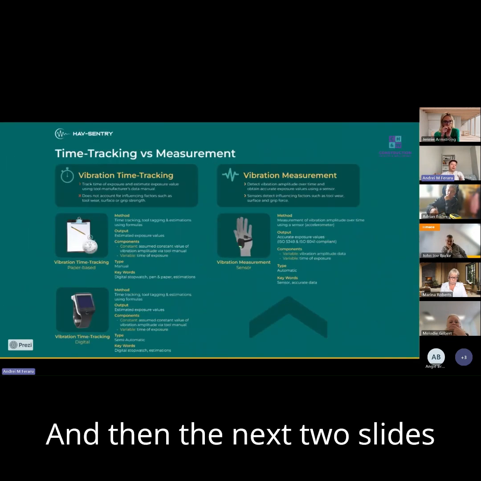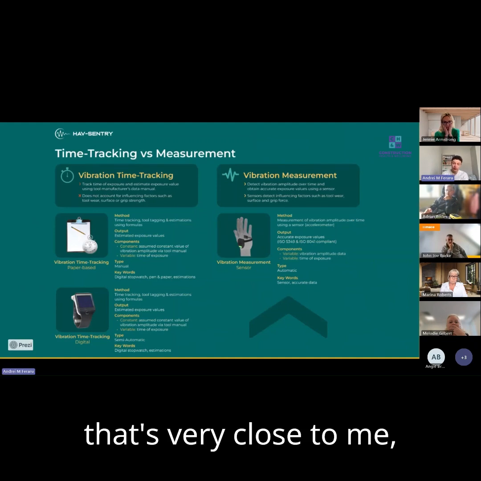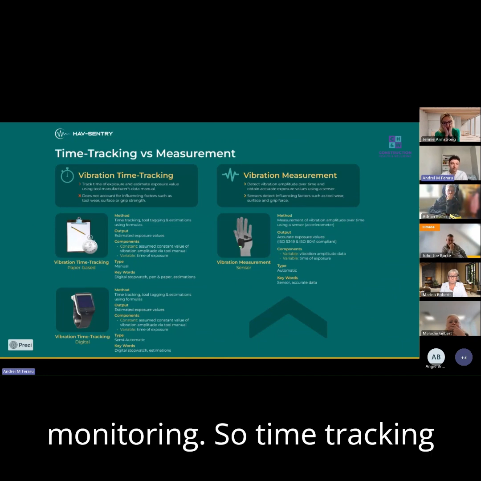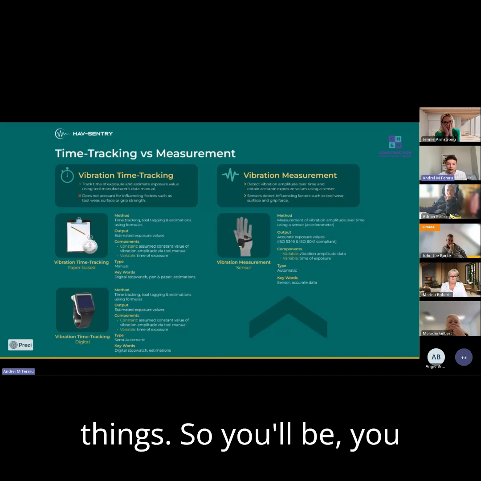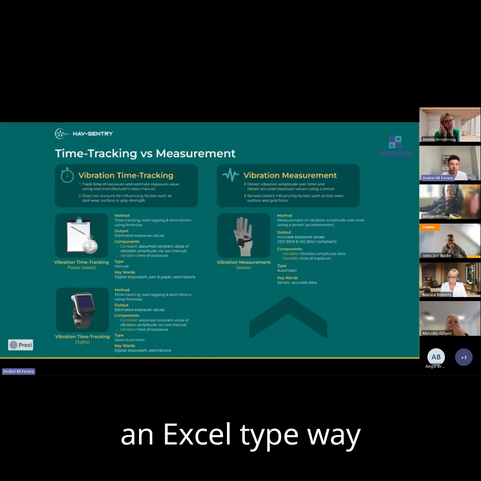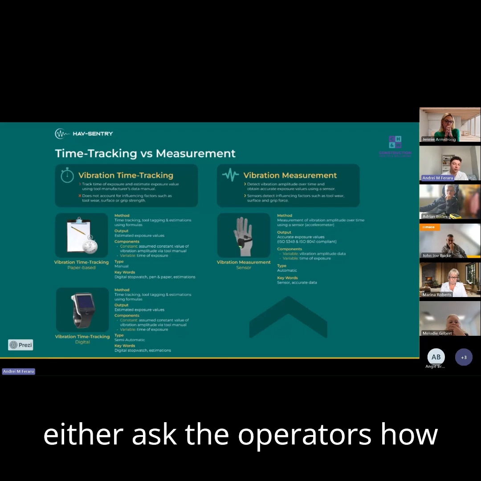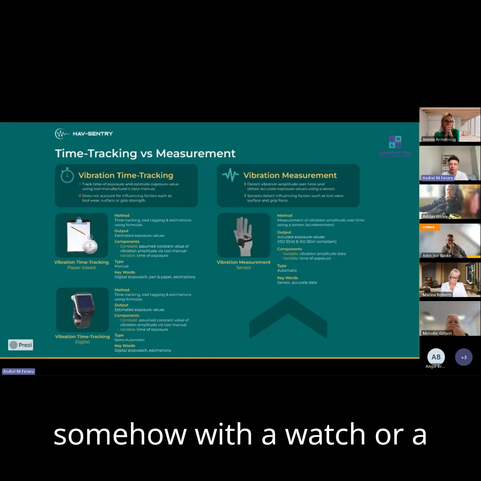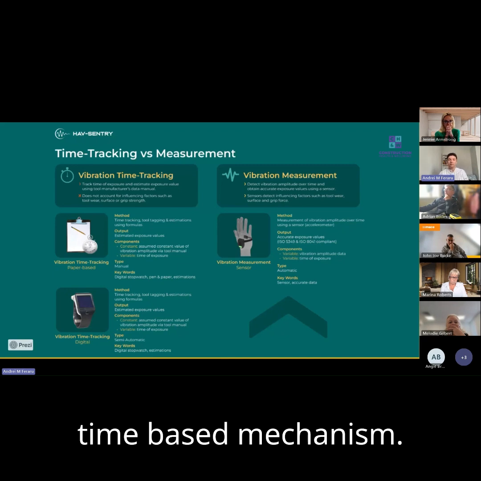And then the next 2 slides cover something that's very close to me, which is the difference between measurement and monitoring. So time tracking or monitoring is the traditional way of doing things. You'll be using a paper-based or an Excel-type way of managing HAVS, where you either ask the operators how long they have used the tool, or you time track them somehow with a watch or a timer or some sort of time-based mechanism.